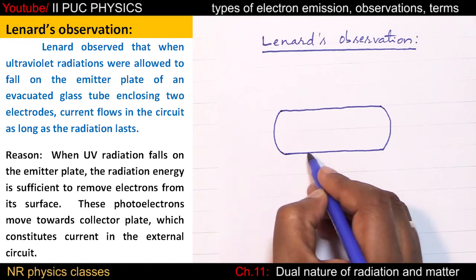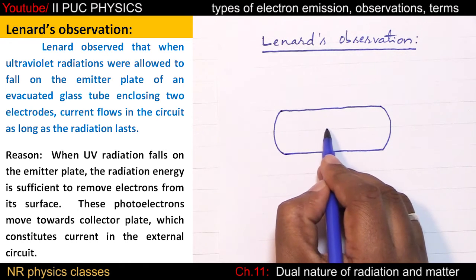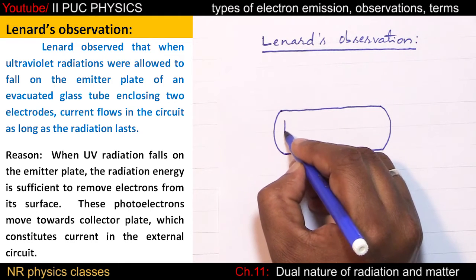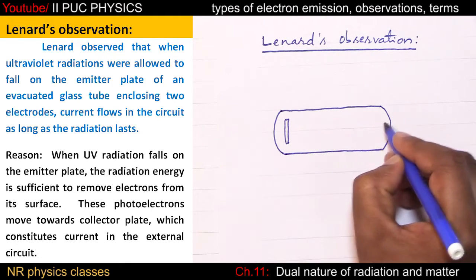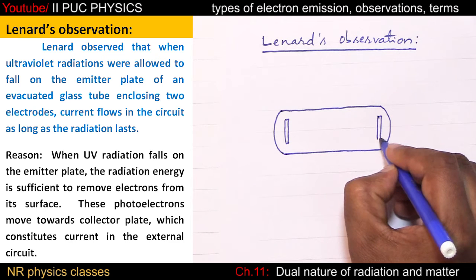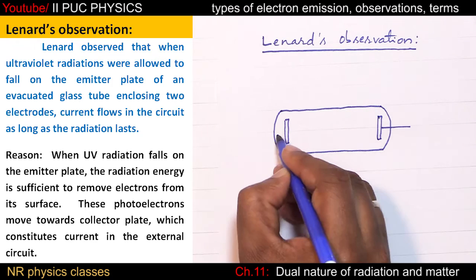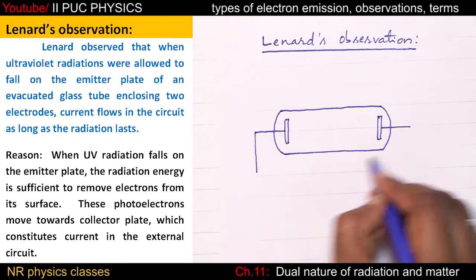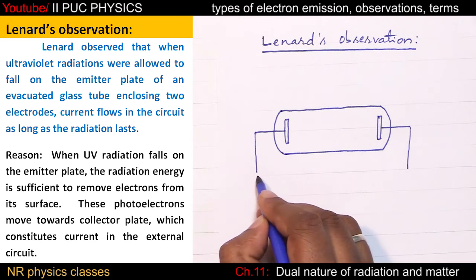Evacuated tubes means a suitable gas at very low pressure. These two are metal plates called electrodes, and these two metal plates were connected to some arrangement.